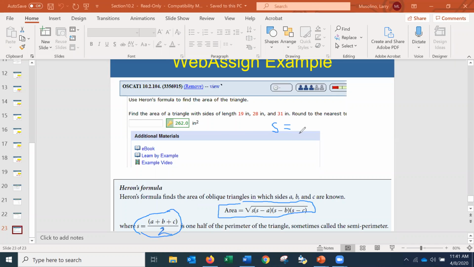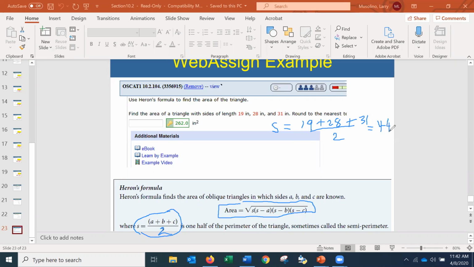So let's do it. I'm going to add up the three sides for our example. That's 19 plus 28 plus 31 divided by 2. Okay, let me do this on my calculator. If I work this out on my calculator, I'm getting S is 44.